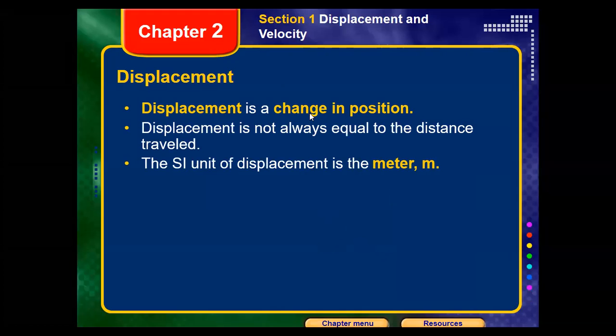Displacement is the change in position. Displacement is not always equal to the distance traveled. So sometimes distance is not the same as displacement.